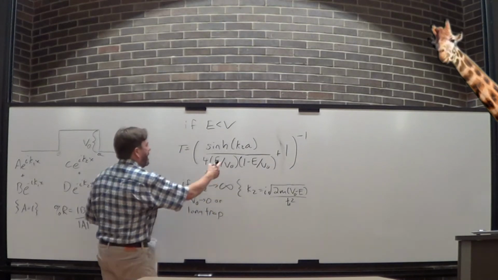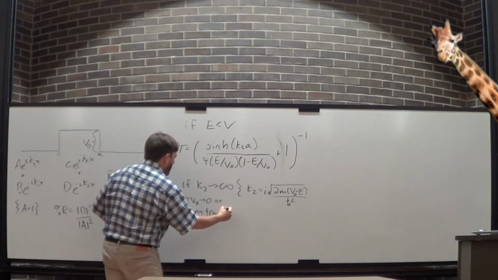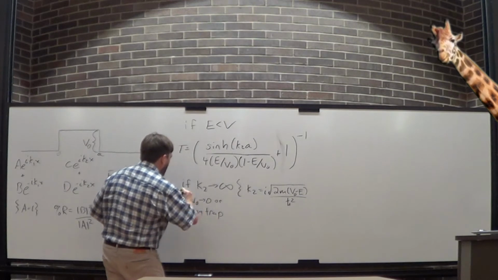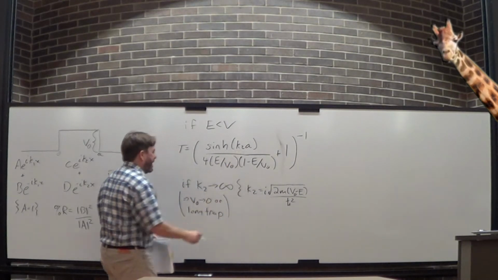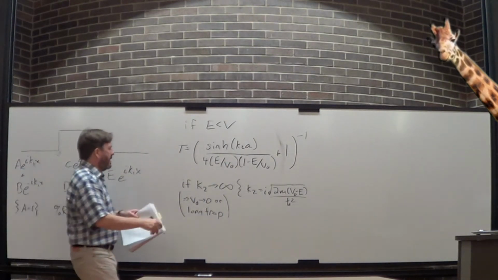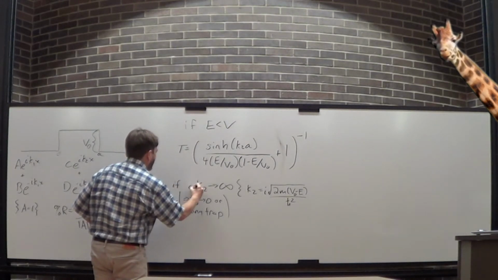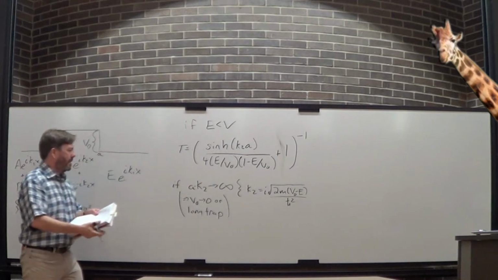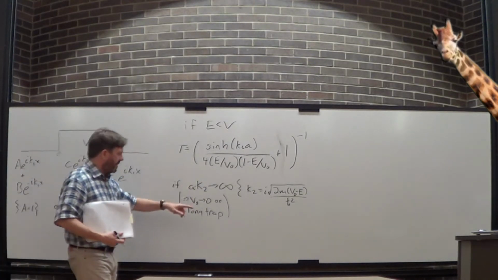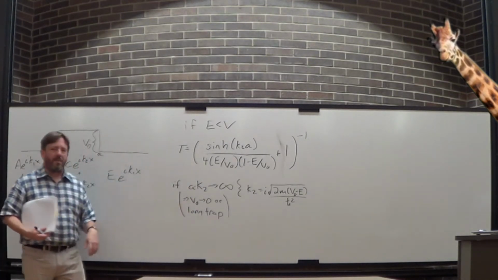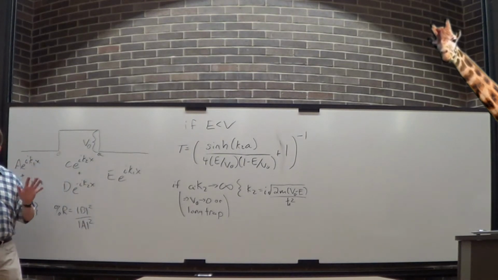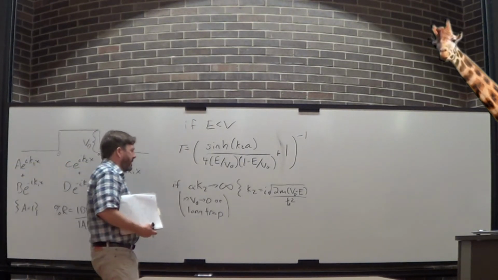And that's because you always see K2 and A multiplied by each other. You always see them together. So you can say A times K2 goes to infinity, so the high potential or a long trap. So that's a bad situation, right?